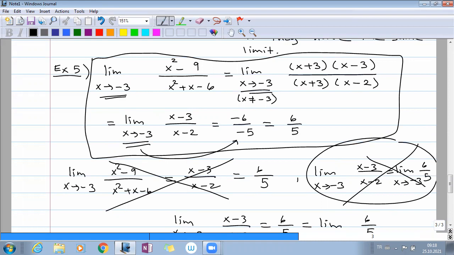But again, when you're writing it down, you need to think about what you're writing down. If you're writing down this, on this side, I'm taking the limit. But on this side, there is no limit sign. So how can they be equal? You should always think when you're writing down.